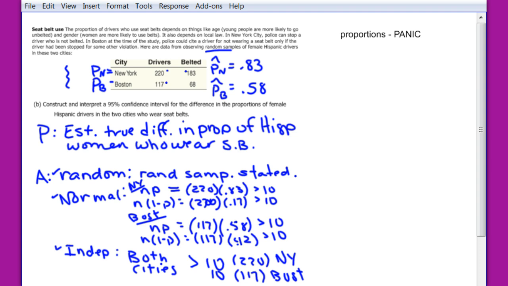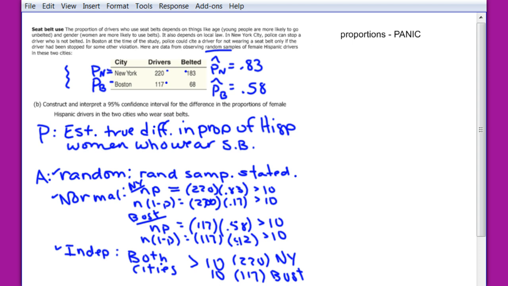PANIC, the N is next. So let's come over here and talk about the N step. Actually, I forgot the I step.